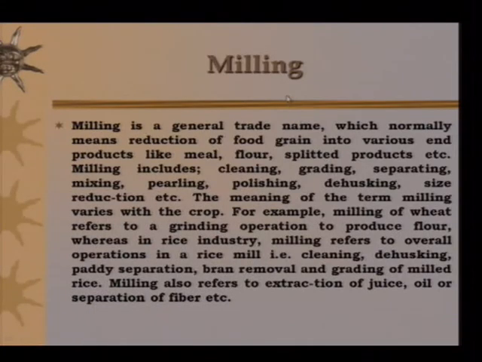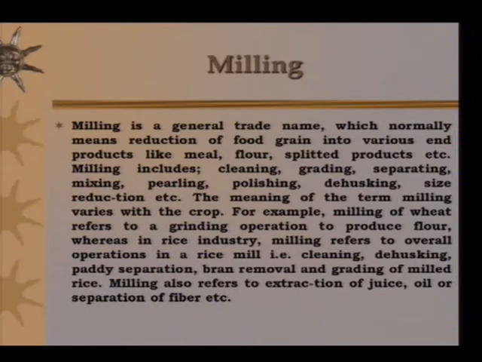Then coming to the next topic in the same subsection, that is milling. Milling is a general trade name which normally means reduction of food grain into various end products like meal, flour, split products, etc. Milling includes cleaning, grading, separating, mixing, pearling, polishing, dehusking, size reduction, etc. The meaning of the term milling varies with the crop.